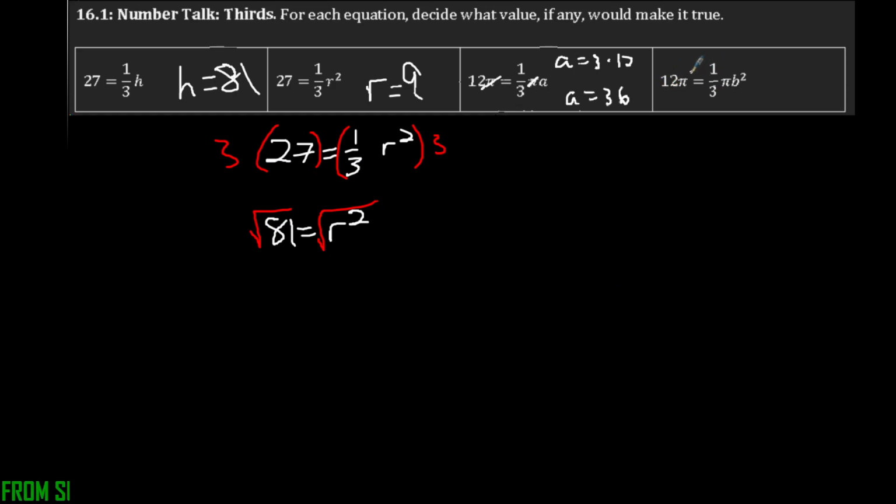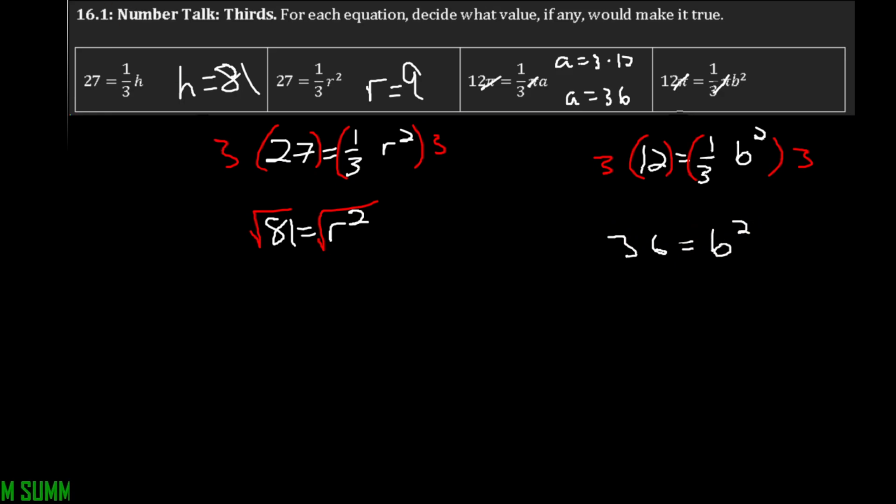And for that last one, same first step, divide both sides by pi, and so now I have 12 equals 1/3 b squared, multiply both sides by 3 to get rid of that fraction. And so I have 36 equals b squared, which I can take the square root of to get rid of that exponent. And b equals 6 for that one.